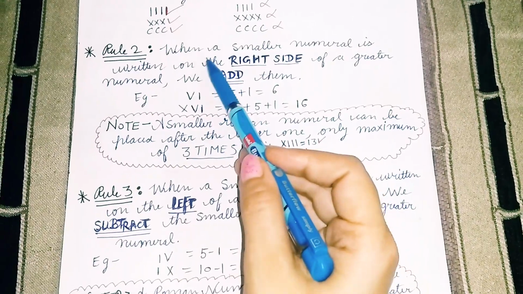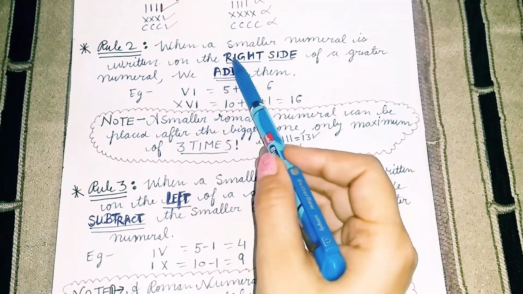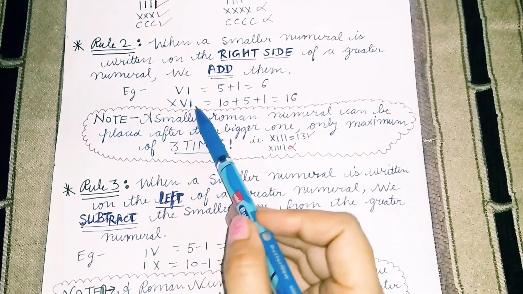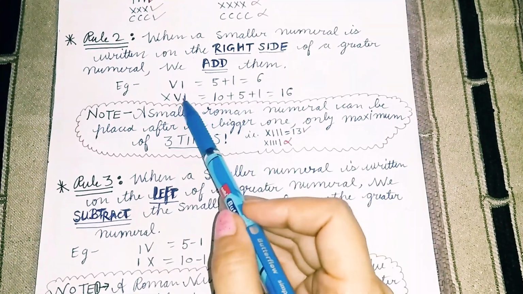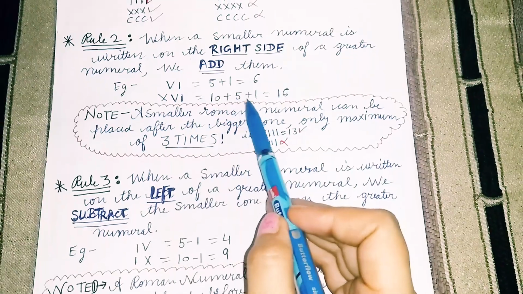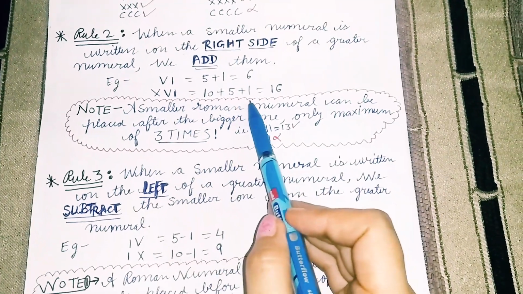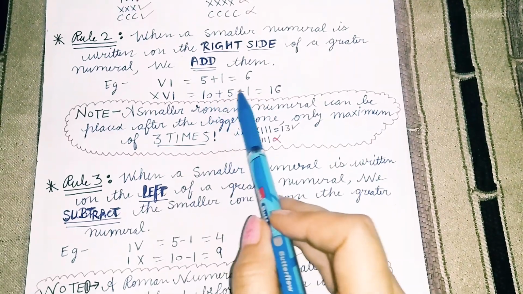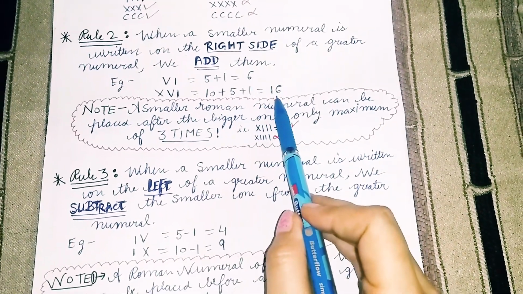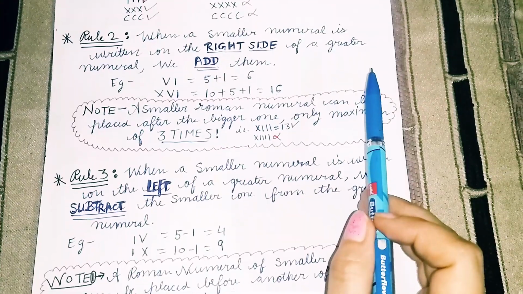So what is the rule? According to this rule, you will add the values. That is, value of X, that is 10, plus value of V, that is 5, plus value of I, that is 1, will add up to 16. So 10 plus 5 plus 1 will make it 16. I hope it is clear.